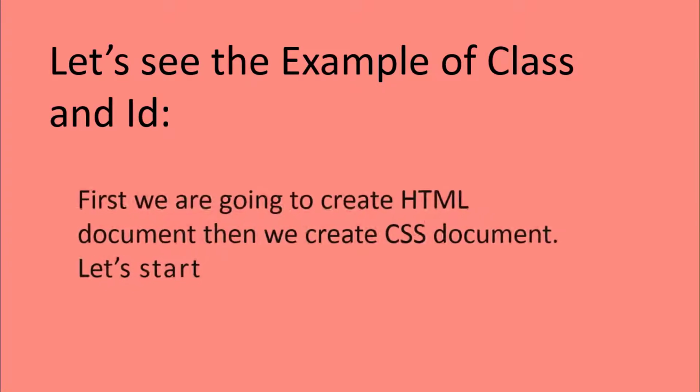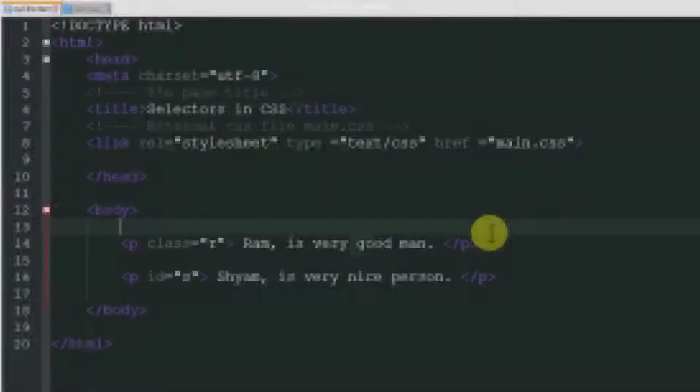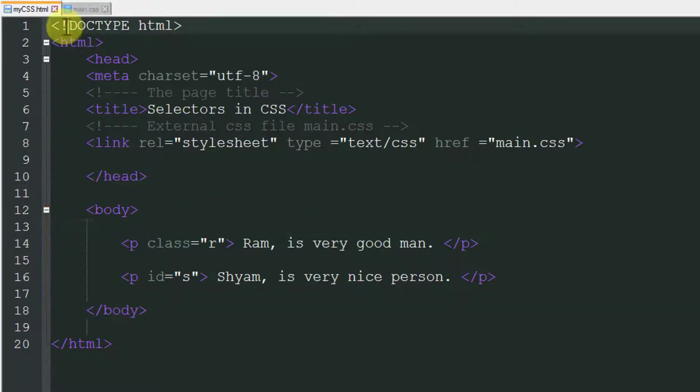Now we are going to make the HTML document first, then we will create the CSS document. So let's create the HTML document first. First we create the doctype, which defines the type of document, which is HTML.